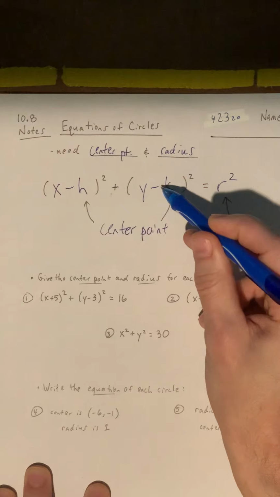Now, r obviously stands for the radius. H and k are your center point coordinates. Okay, the x-coordinate is this number for h, and the y-coordinate is this number for k.